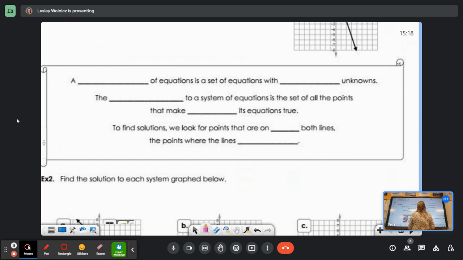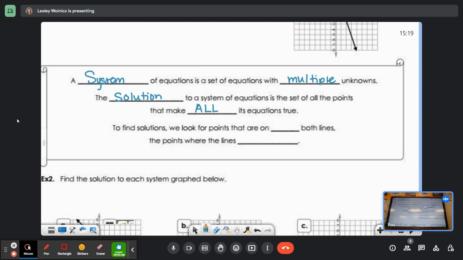All right, now we're going to get serious. A system of equations is a set of equations with multiple unknowns. The solution to a system is the set of all the points that make all of the equations in the system true.